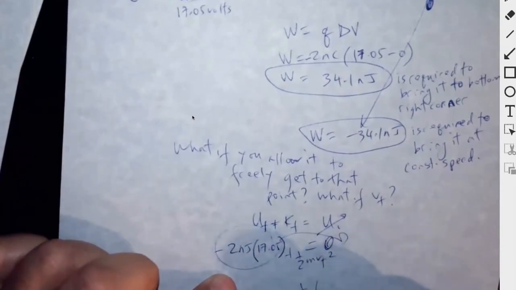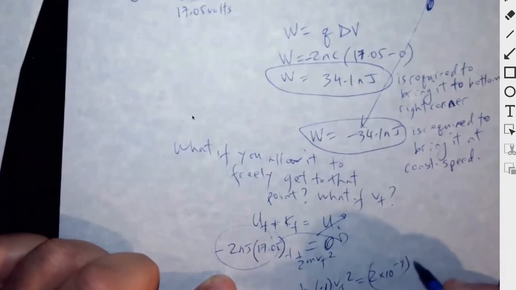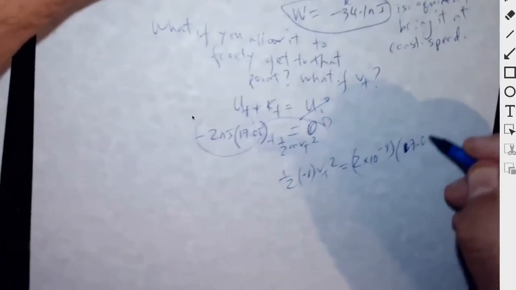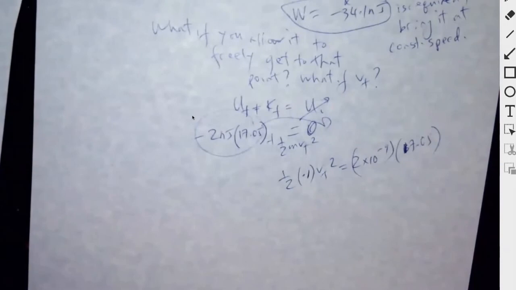Half times, let's say it's 100 grams again, 2 times 10 to the minus 9 times 17.05. Okay, and we can end with that.